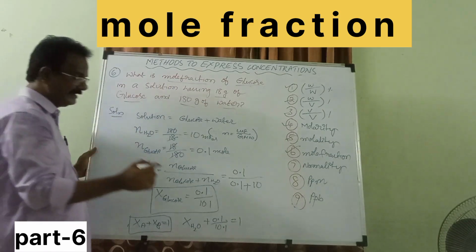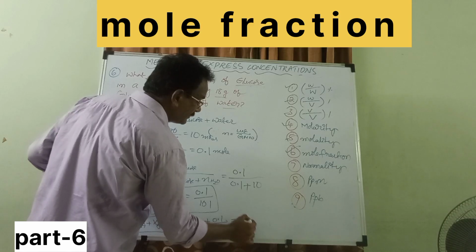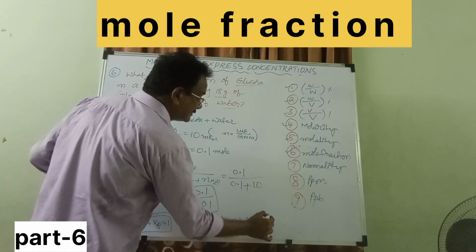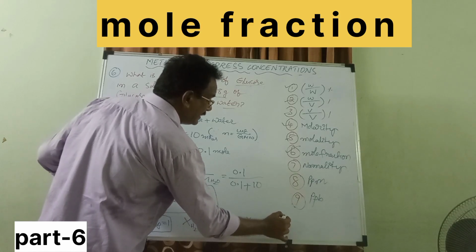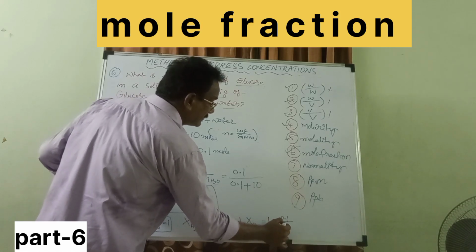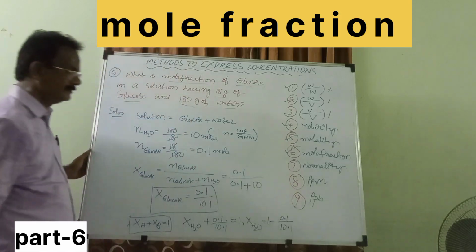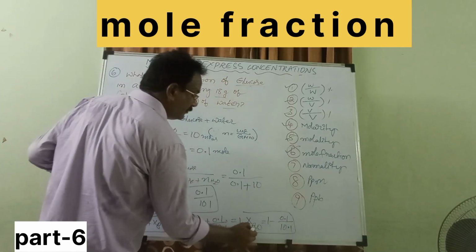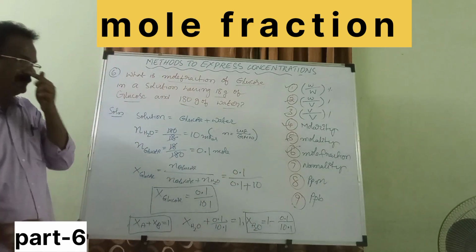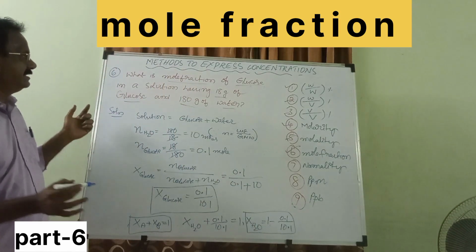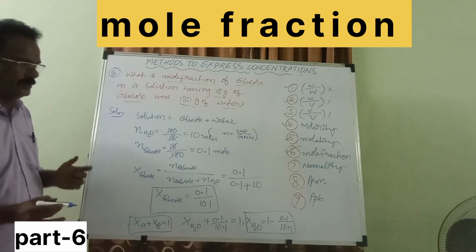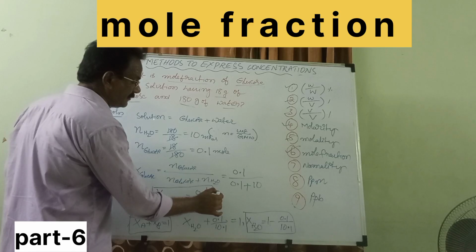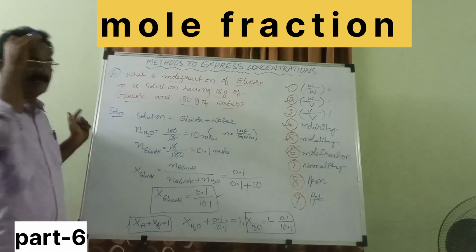Then X H2O is equal to 1 minus 0.1 by 10.1. Like this we can calculate the mole fraction of water also. But in the problem they asked about the mole fraction of glucose, so it is enough to solve the problem until here only. Okay, thank you.